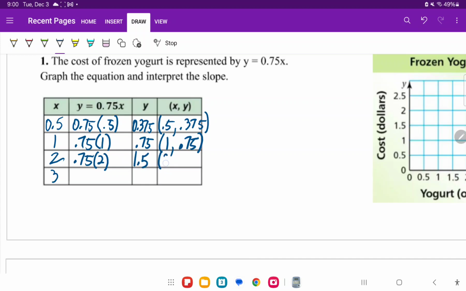So that data point is 2, comma, 1.5. And if we put in 3, 0.75 times 3 gives you 2.25. So that point is 3, comma, 2.25.